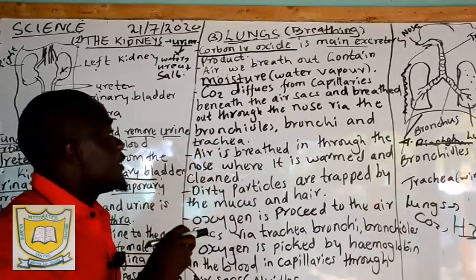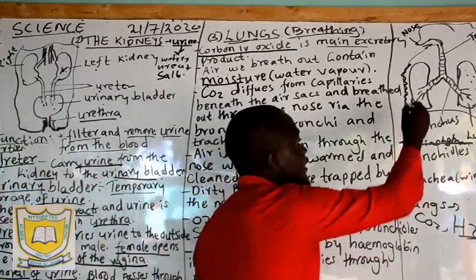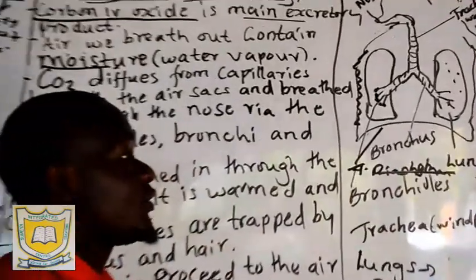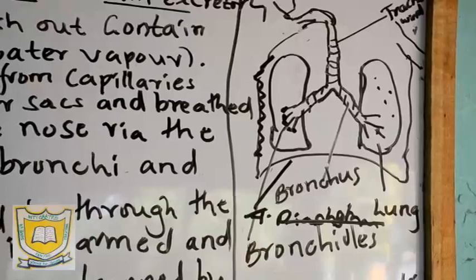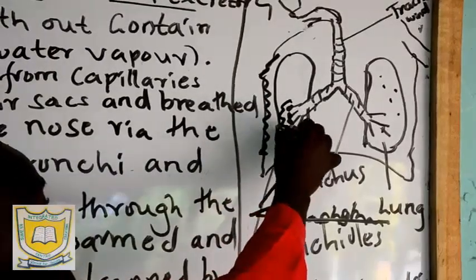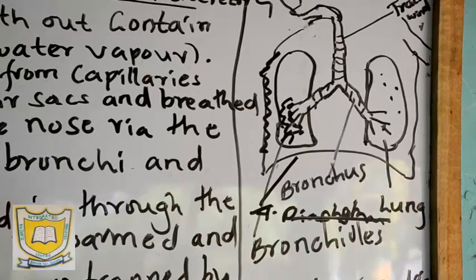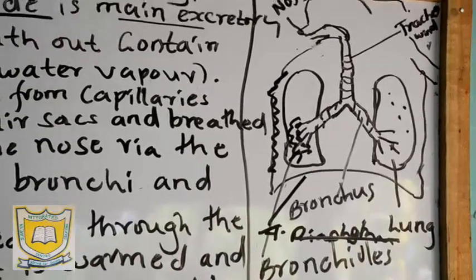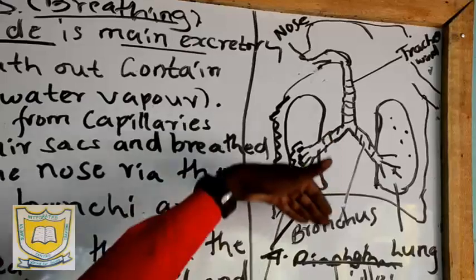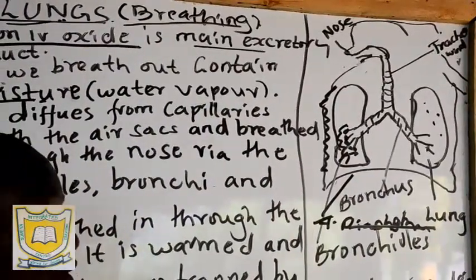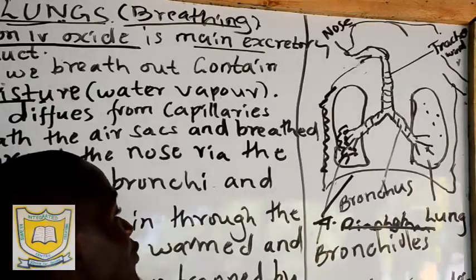Around the air sacs in the lungs, also called the alveoli, are surrounded by blood capillaries. When you talk about the circulatory system, you talked about deoxygenated blood and oxygenated blood. The deoxygenated blood from the body parts is taken back to the lungs.